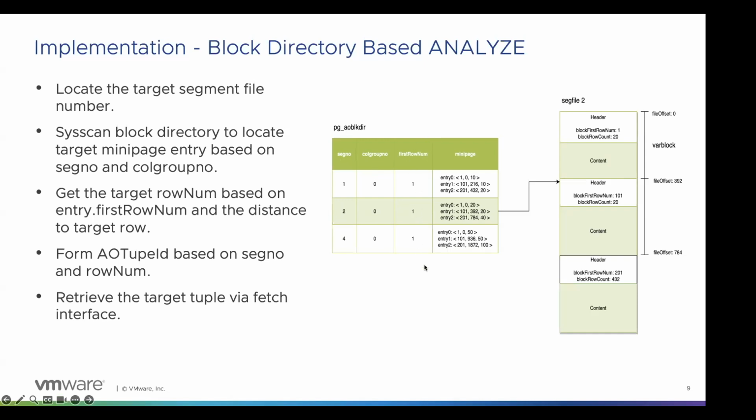We don't know the first row number, but we know the previous two attributes. So when we get the segment number and the current column number, we can do an index scan based on this key and get the corresponding mini page.